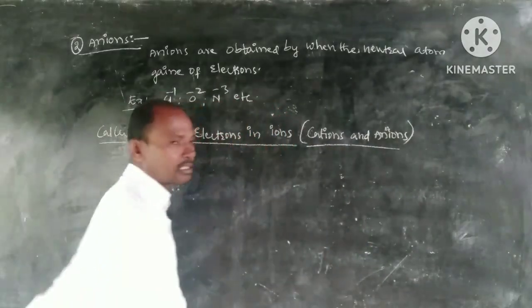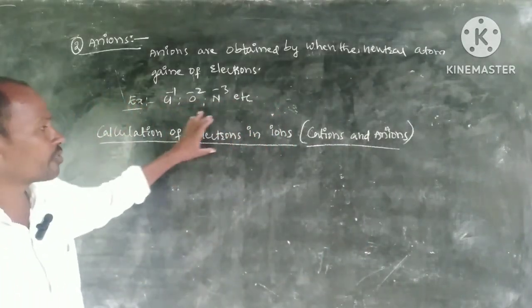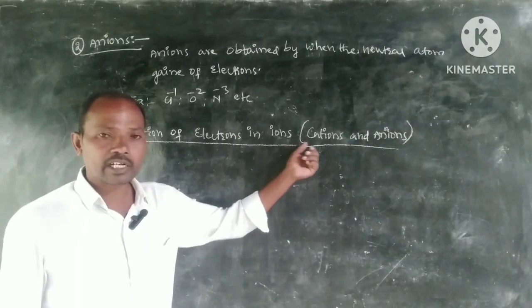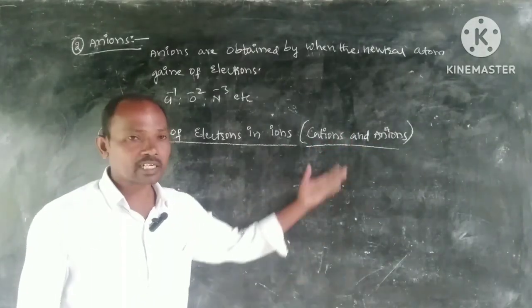Ions means cations and anions. There are two types.